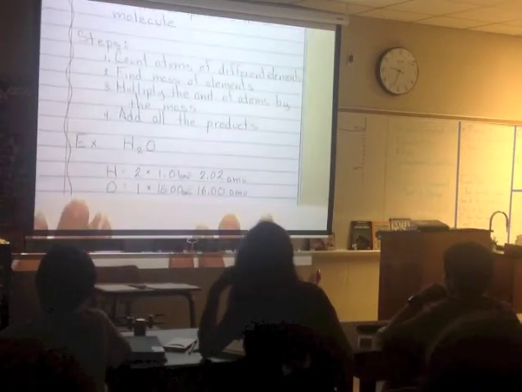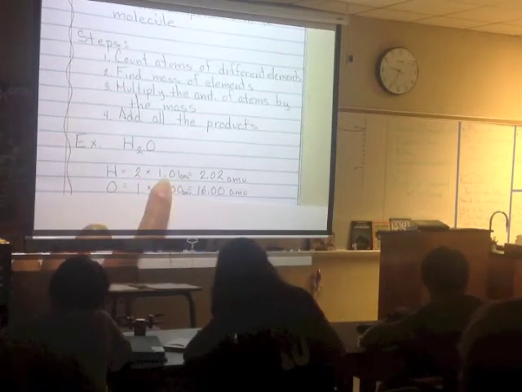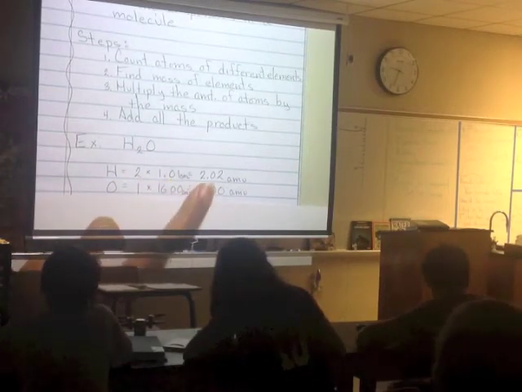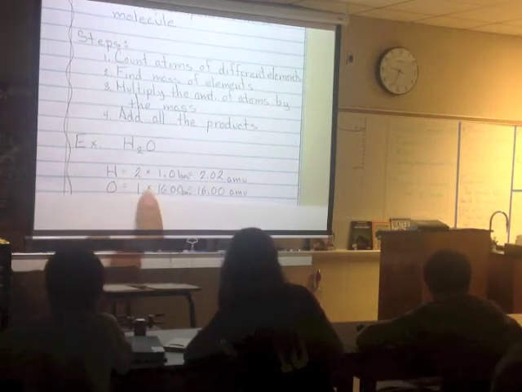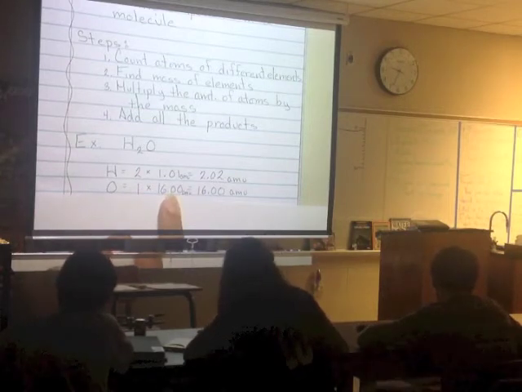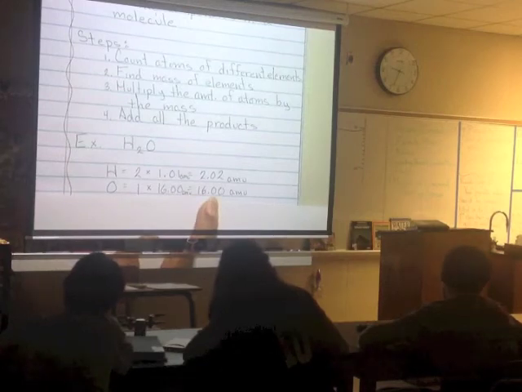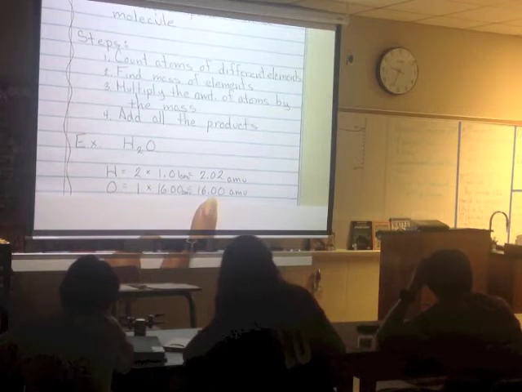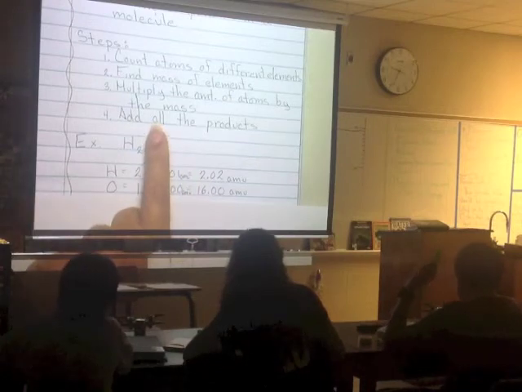So if you look, I know that hydrogen had 2. I multiply it times 1.01 AMU, which gives me 2.02 AMU. Then oxygen had 1. I knew the mass is 16.00 AMU, so the product is 16.00 AMU. Then what's my last step, Jose? I add them, right?